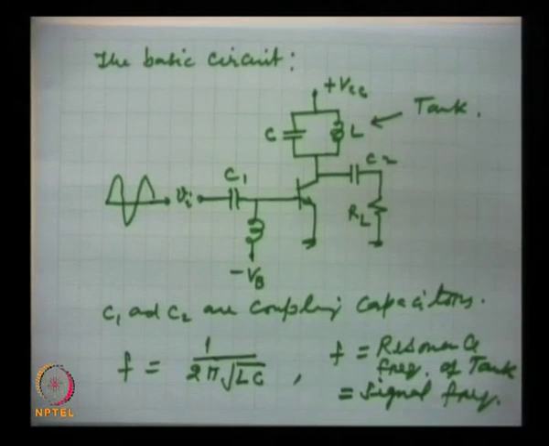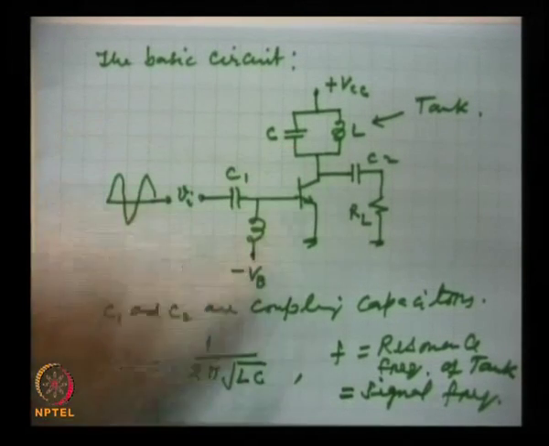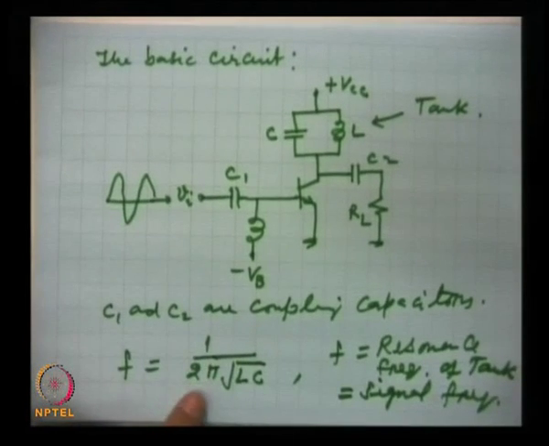This means that the tank circuit is tuned to the signal frequency, and the frequency will be given by 1 by 2 pi root LC.